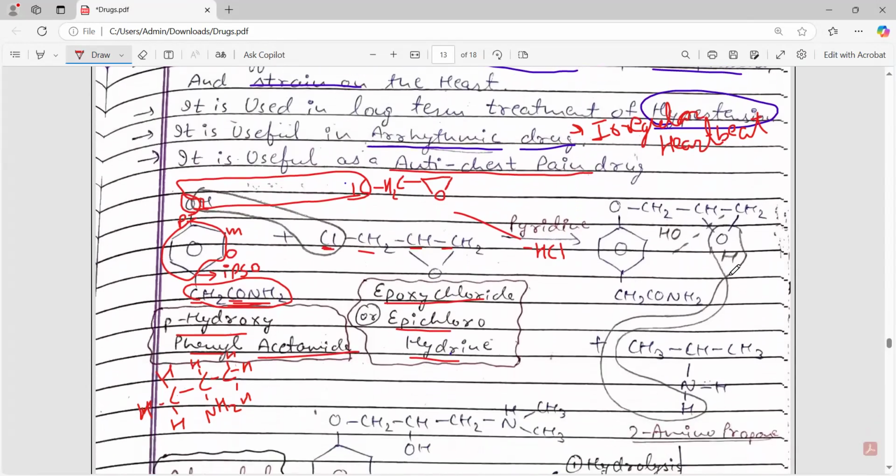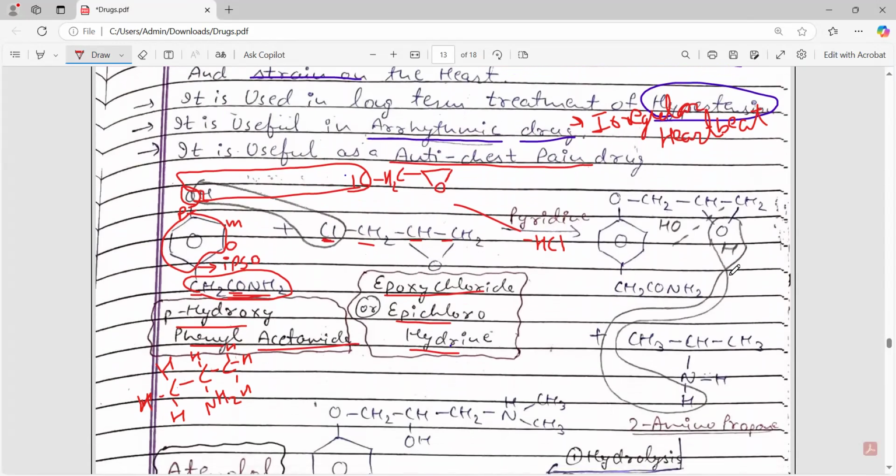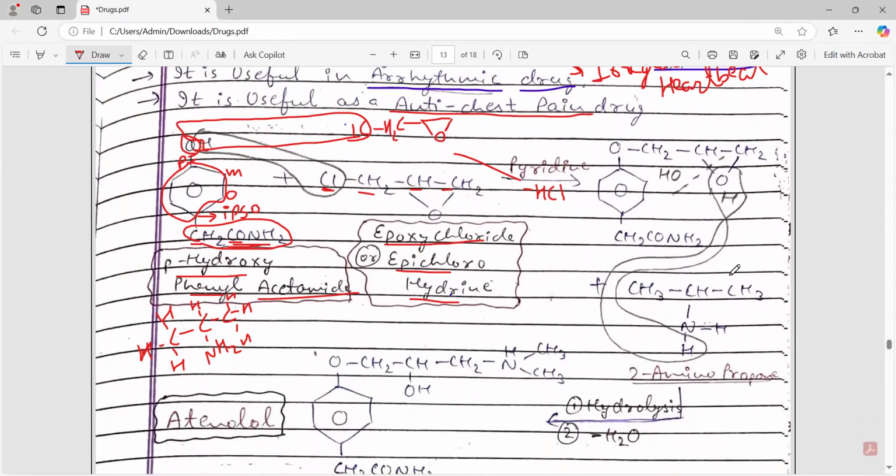What we get here is that from the NH2, one hydrogen is left out and the three-member ring is broken down. So here hydrolysis takes place, that means addition of water molecules.